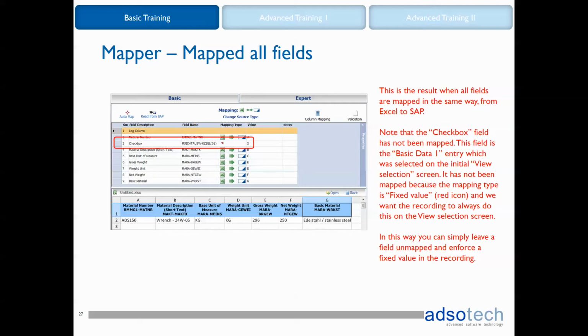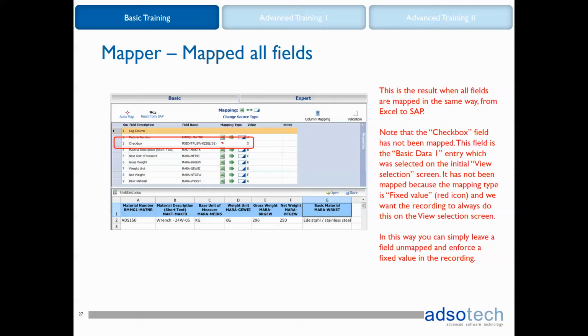The same thing would apply if we wanted, for instance, weight unit to always be kilograms. Then we don't have to drag and drop it from Excel. We don't need to actually see weight unit in Excel if we always want weight unit to be kilograms for each and every material.